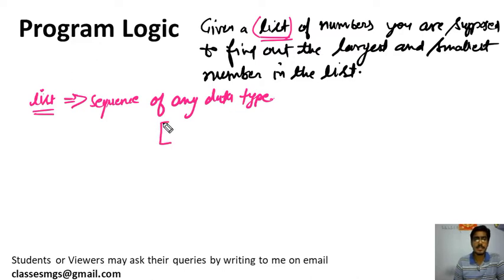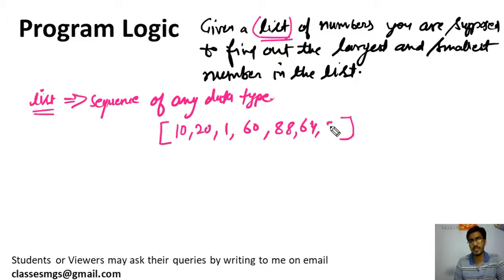This is the symbol; if you see it anywhere, it means the Python list has started. Now you write the elements here, like 10, 20, 1, 60, 88, 64, 72.